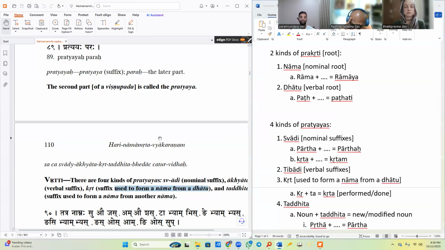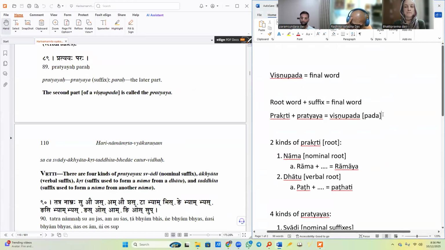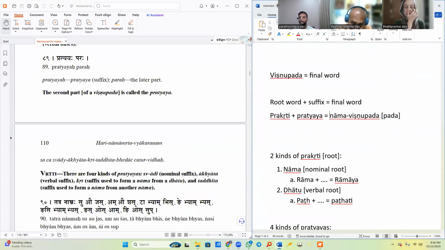And so in here we apply Prakriti Pratyaya and we get Vishnupada. And such Vishnupadas are called Nama Vishnupada. Nama refers to a noun. So we get a Vishnupada, which is a noun, in chapter 2.